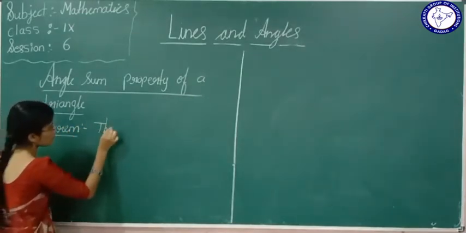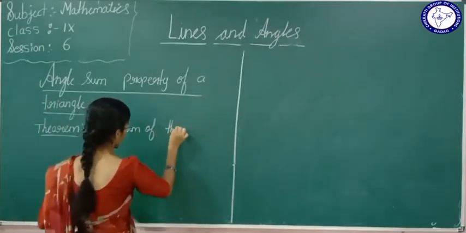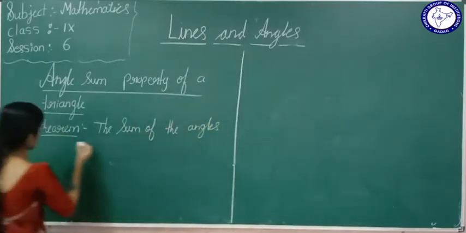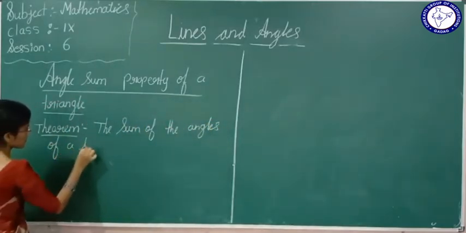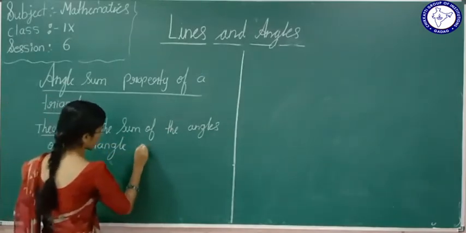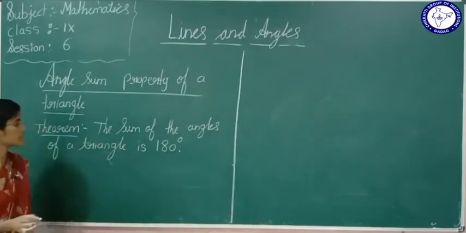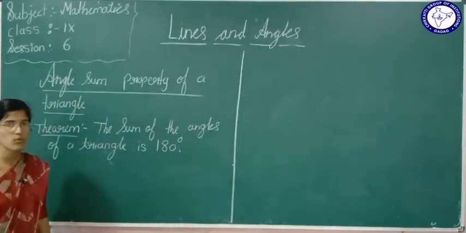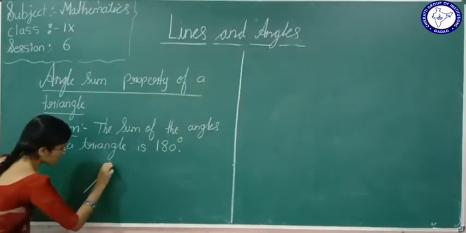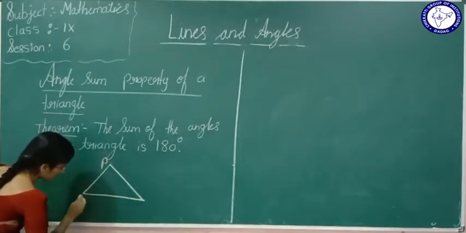The sum of the angles of a triangle is 180 degree. We will prove here the sum of the angles of a triangle is 180 degree. See here, we will consider here one triangle PQR.